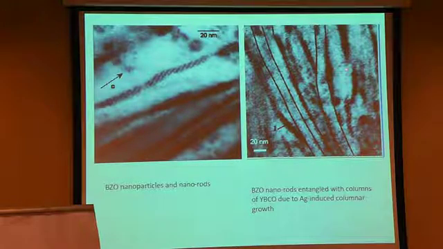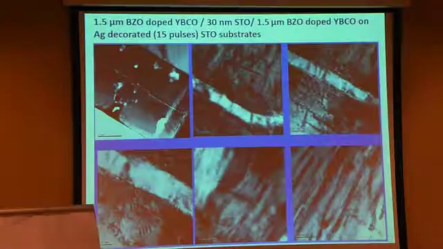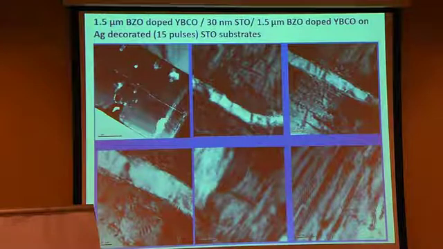So these white columns are columns of YBCO, and they are entangled with barium zirconate nanorods. These black lines are the lines we draw just to show you where the YBCO columns are. And you see this nanorod which goes beyond this column. So this entanglement allowed us to obtain a lot of nice things in terms of critical current and anisotropy.